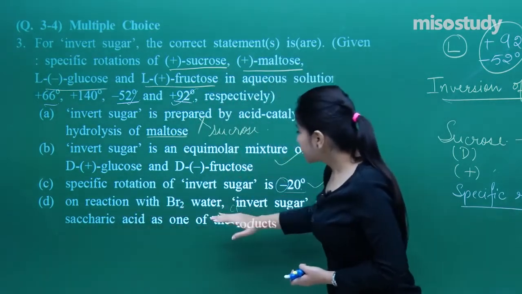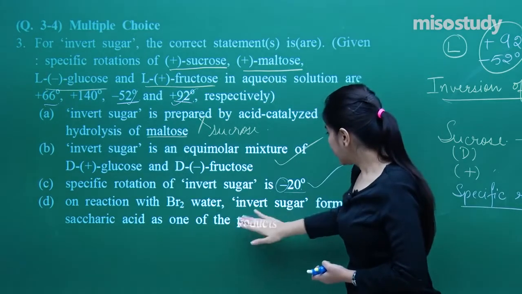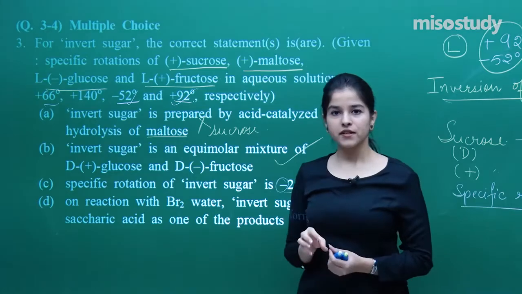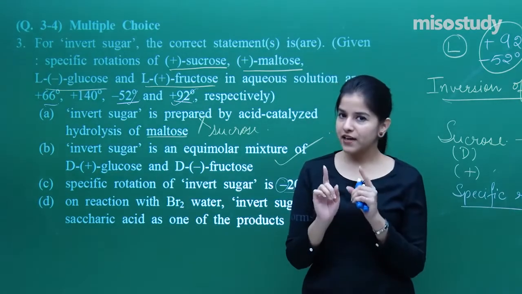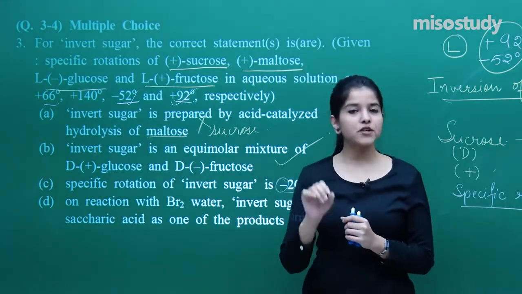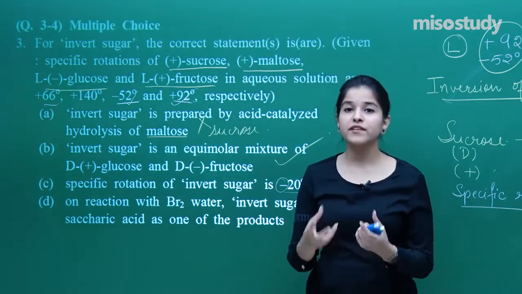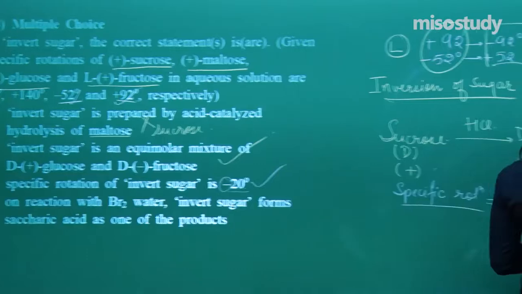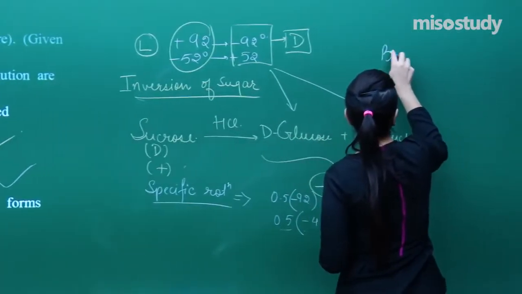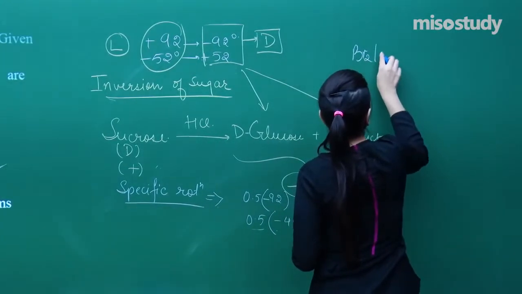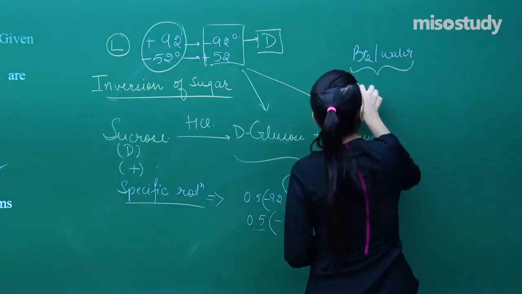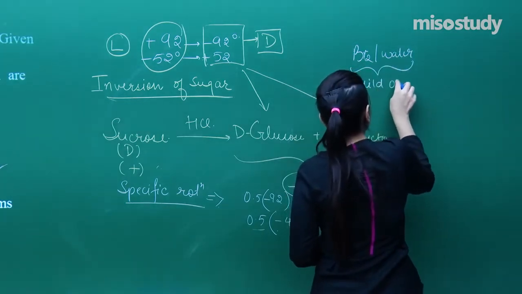On reaction with Br2 water, invert sugar forms saccharic acid as one of the products. So if you have the idea of this very reaction, Br2 water, bromine water is always a mild oxidizing agent.